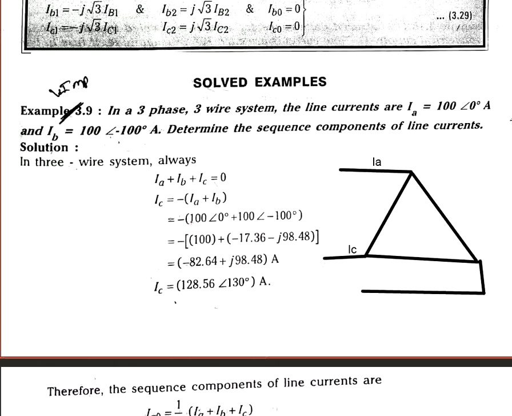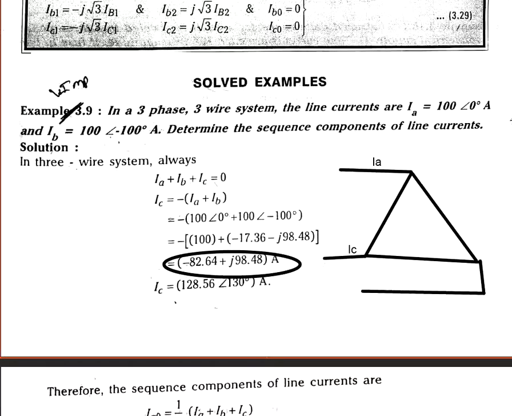Now you know the value of both, as given. IA is 100 at an angle 0, that is the reference, and IB is 100 at an angle of minus 100. Now you add in polar form, and you will get this value.